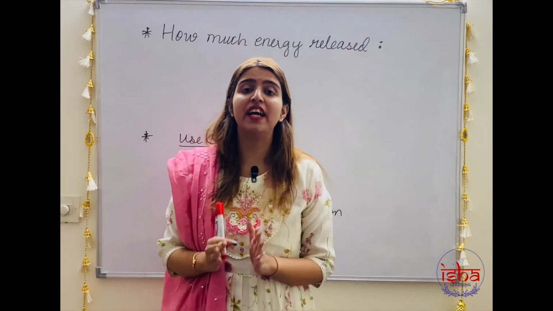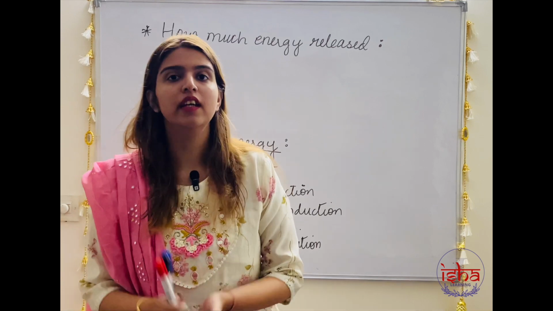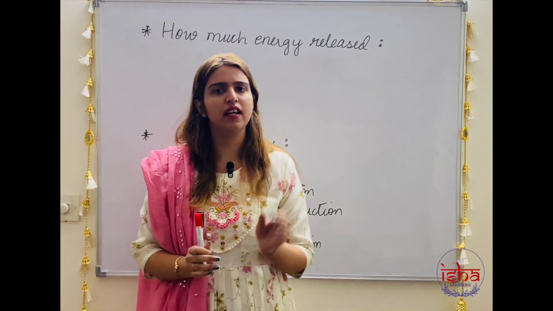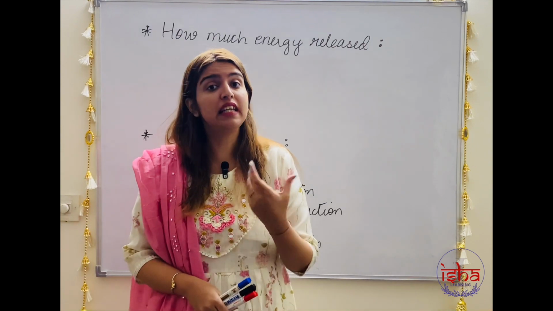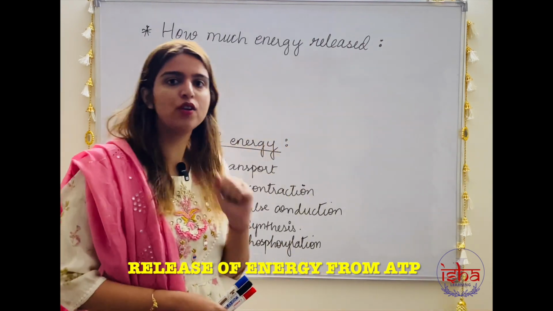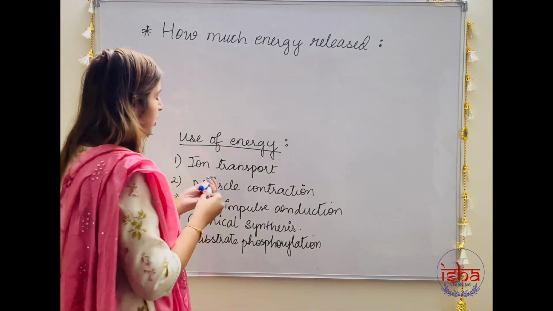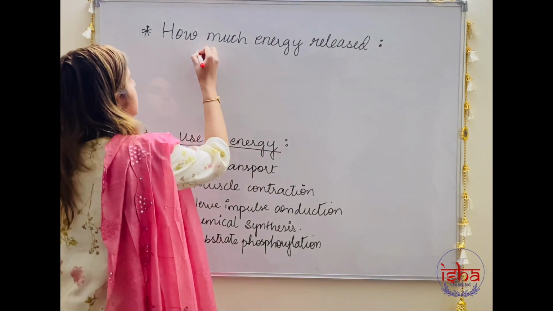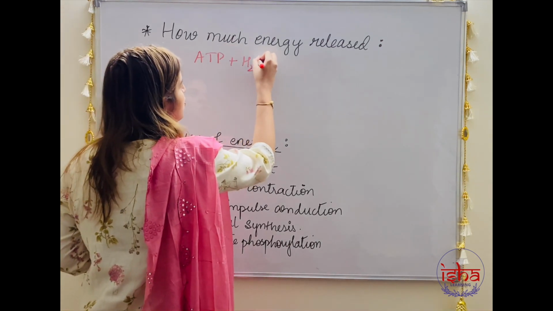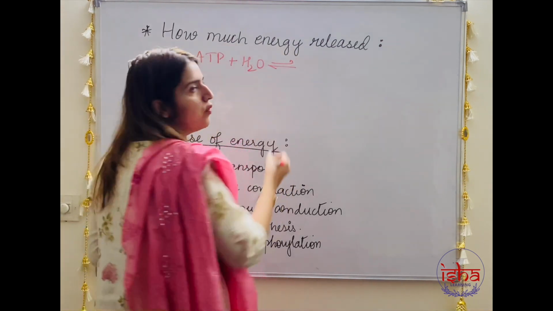Now that we are aware of the ATP cycle, it would be a very logical question that might come in your mind. Energy is being released, but how much? How much energy is being released? Let's try to answer that question. Now let's see, there's an ATP molecule. We know that it is going to get hydrolyzed. So water, it is going to be broken down into what?